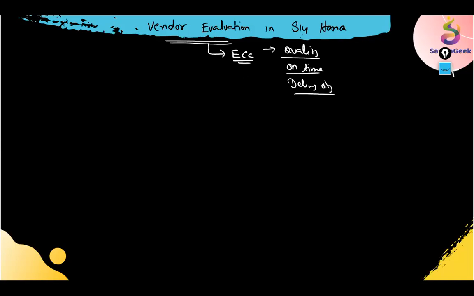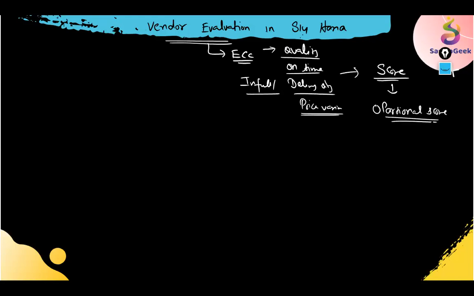This is called on time, this is called in full. Based on the price variance. So based on these dimensions, we would be able to give scores to the vendor. And these scores would be calculated into the overall score, which we call the operational score.